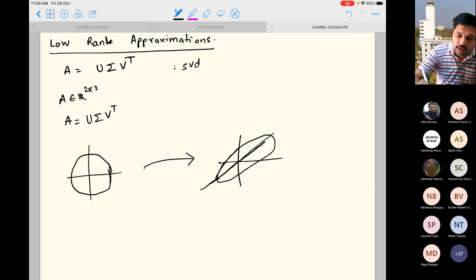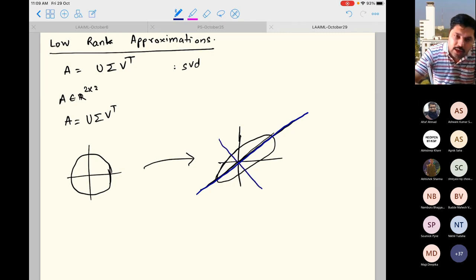This is your major axis and this is your minor axis. Let me use a different color. The blue that I'm showing here is your major axis direction, and this is your minor axis direction. And what you are looking at is the magnification.